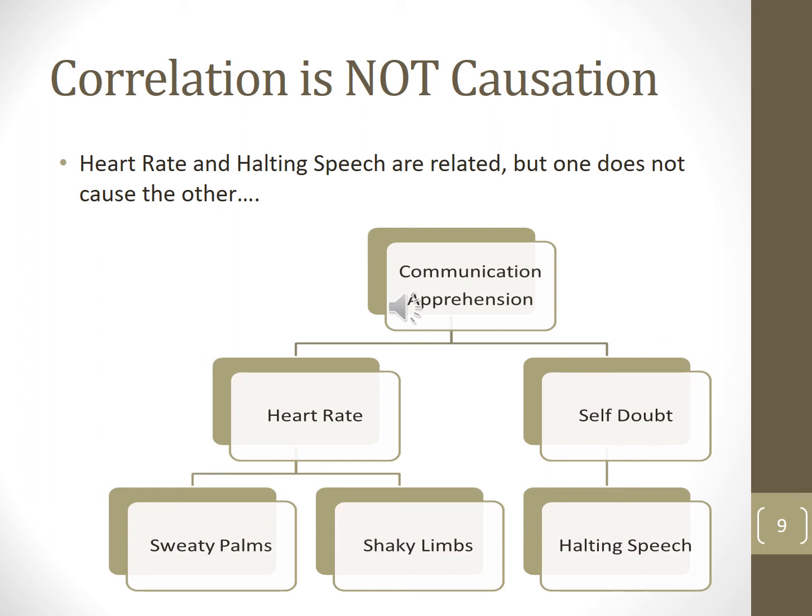So you get a feeling of anxiety, and then your body begins producing cortisol, and your heart rate increases because you feel like you're getting ready to do some sort of physical movement, whether it's run or fight, and your heart begins pumping faster to deliver more oxygen to your muscles. And because your heart's beating faster, you begin producing sweat. And because you have adrenaline and cortisol running through your body, sometimes you get shaky limbs. So this is all happening as a response to an anxiety stimulus that your body is interpreting.